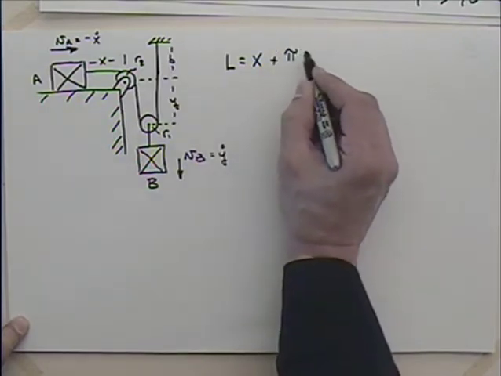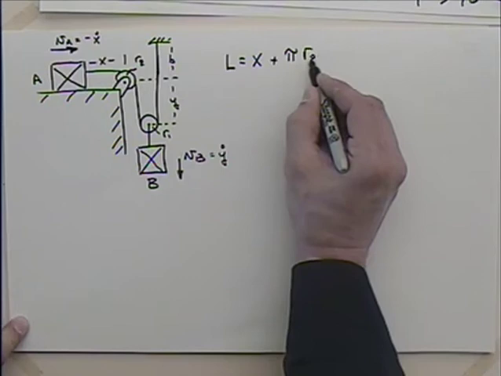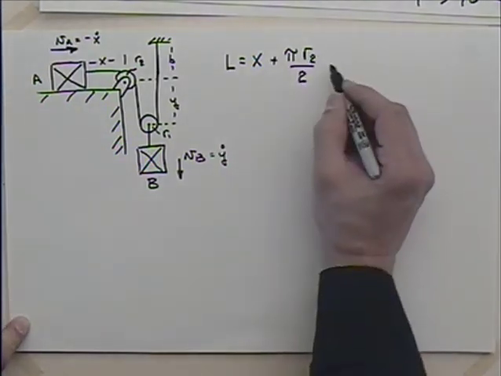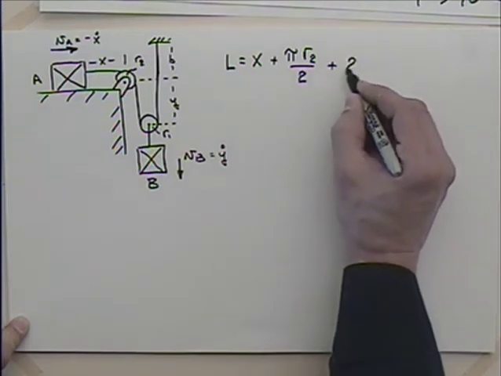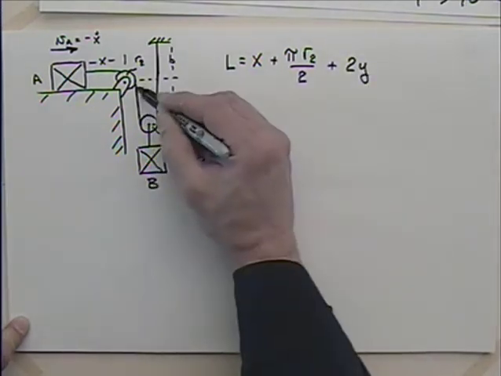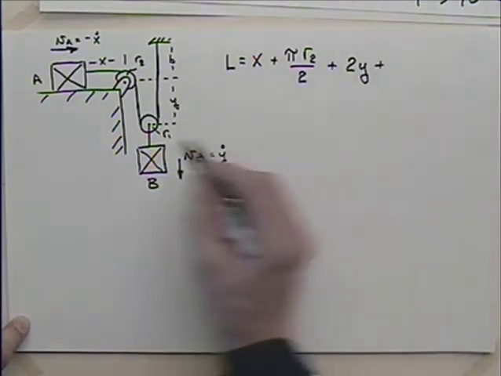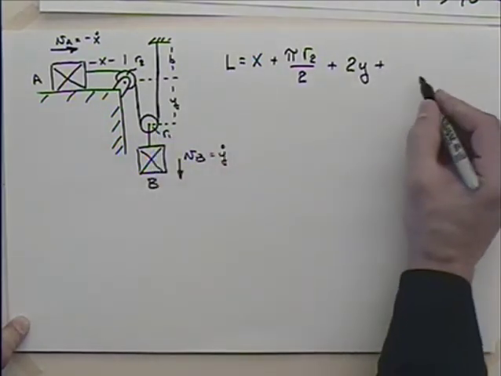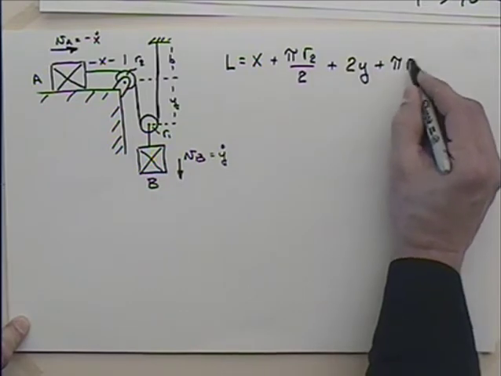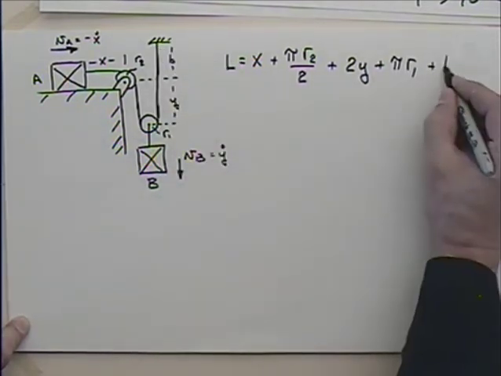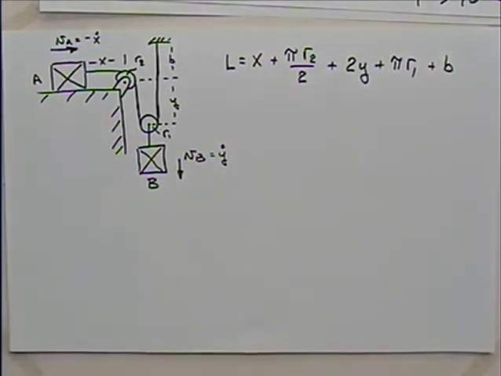Pi times r2 divided by 2, that's a quarter of the circumference around the pulley, plus 2y, that takes care of this distance here plus that distance there, plus then I have to go halfway around this pulley, pi times r1, plus, and then I have this constant length up there, beta. Okay.